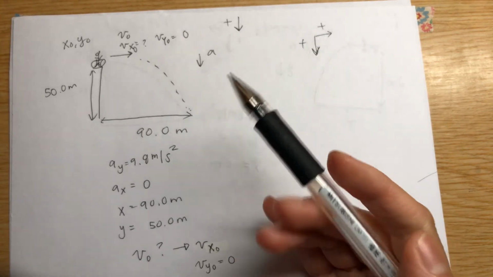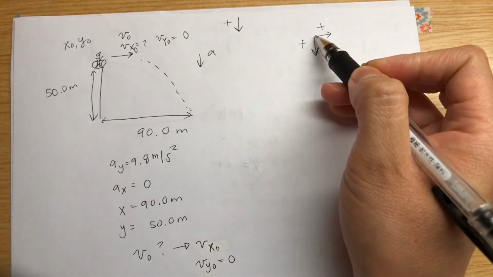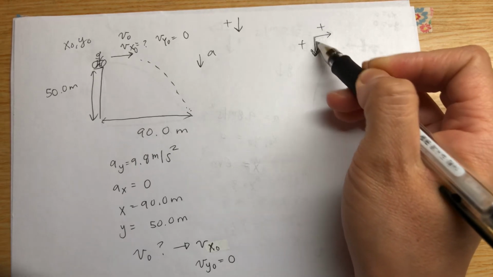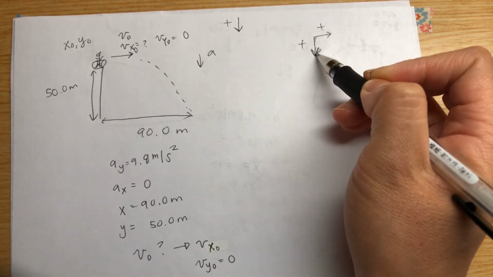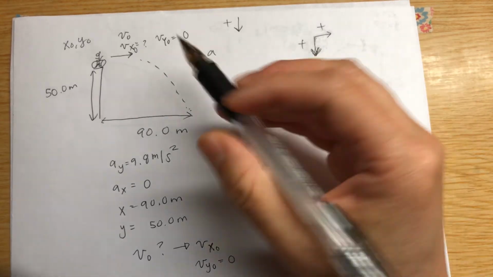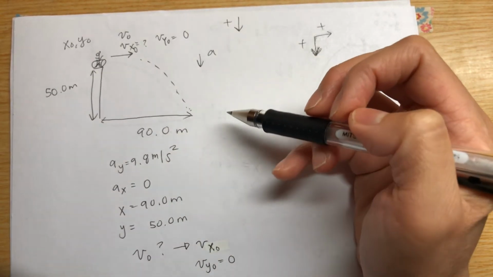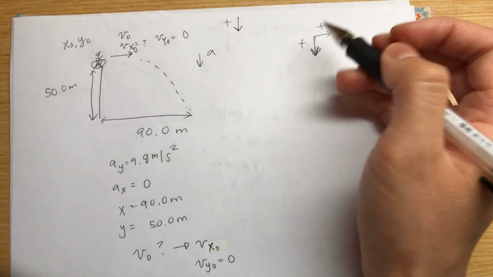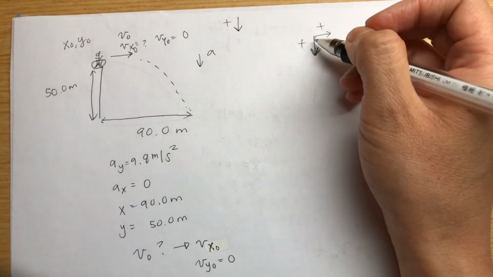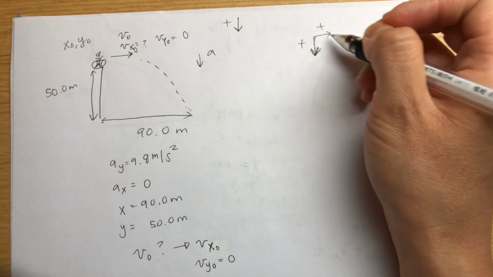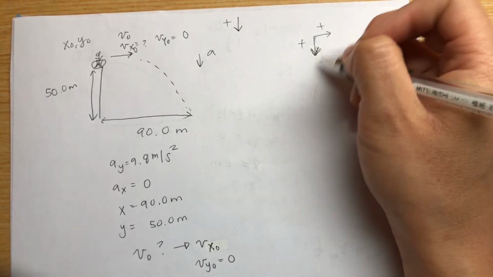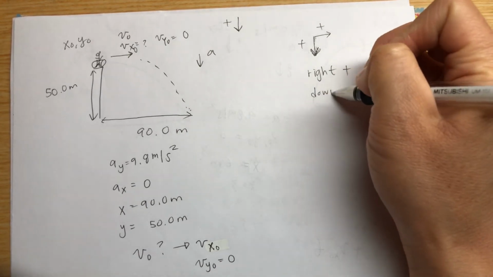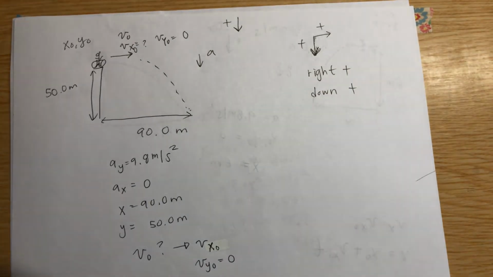Okay. So I'm going to choose positive to be the same as the motion, downwards, because you're going downwards. So positive is downwards and right is positive. That's something you choose.